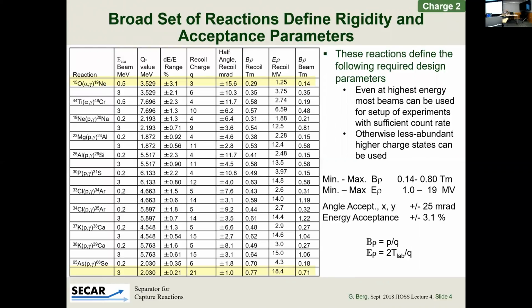If you ever design an instrument and you are the person who works on the ion optics, what you need initially is to know what the physics goals are. And the physics goals are here represented by a list of reactions. That may not be so simple in all cases.